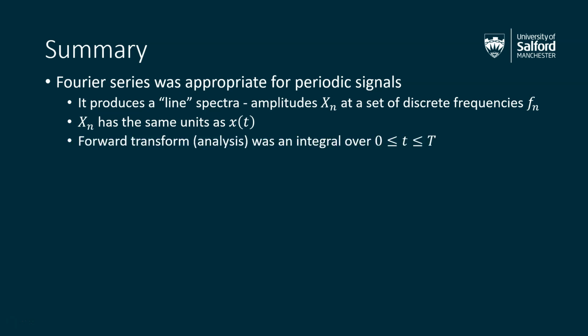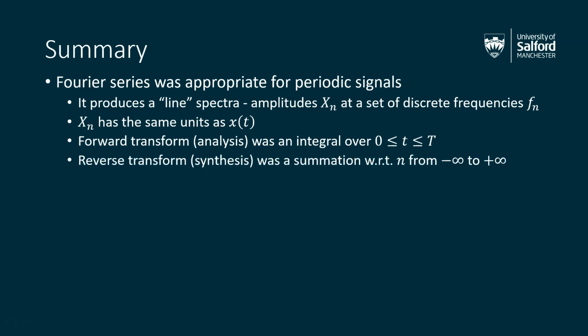And the forward transform, analysis, was an integral from 0 to big T, or minus big T over 2 to plus big T over 2, as we saw. Whereas the reverse transform, which is called synthesis, was a summation with respect to n, which is an integer, from minus infinity to plus infinity if you do it all the way. Often we'll truncate this, of course, when we're evaluating things.